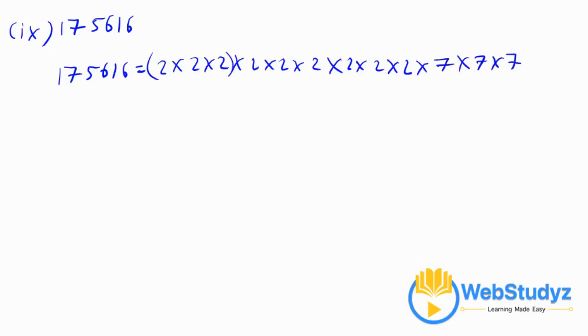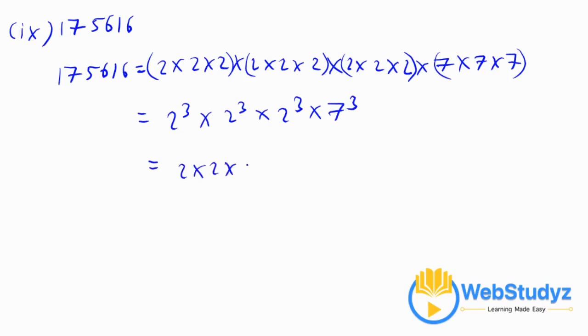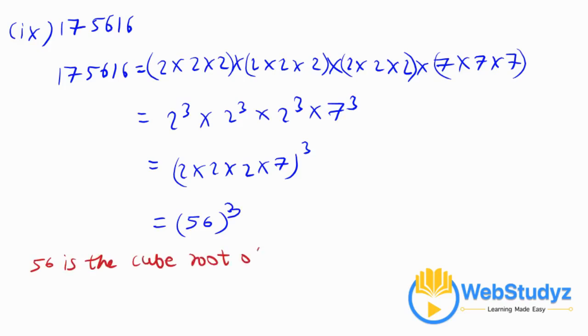That means we can make 3 triplets of 2 and 1 triplet of 7, which will be equal to 2 to the power 3 into 2 to the power 3 into 2 to the power 3 into 7 to the power 3, which will be equal to (2 into 2 into 2 into 7) whole power 3, which will give us the value as 56 whole power 3. So we can write from this that 56 is the cube root of number 175616.